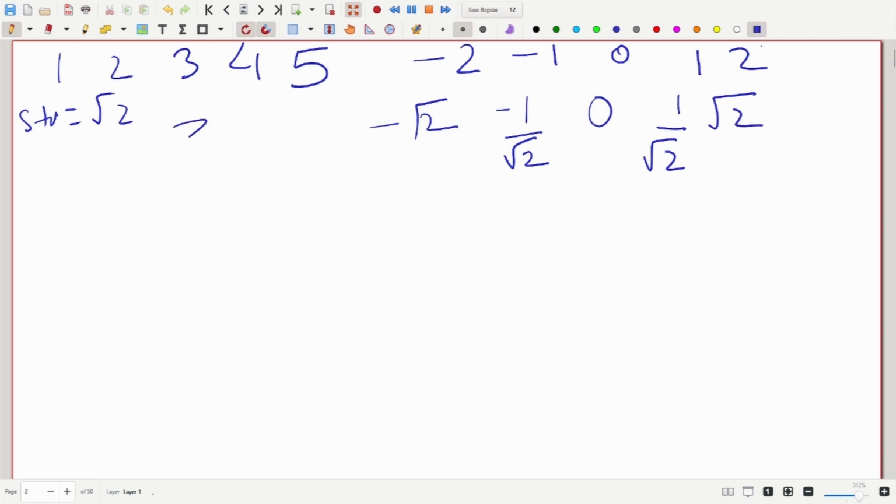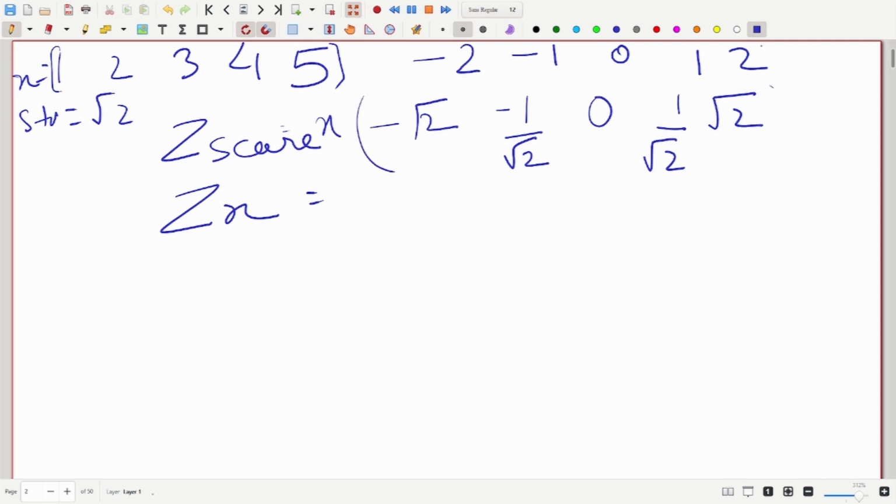This is our Z score of x, or Z x: minus root 2, minus 1 by root 2, 0, 1 by root 2 and root 2.